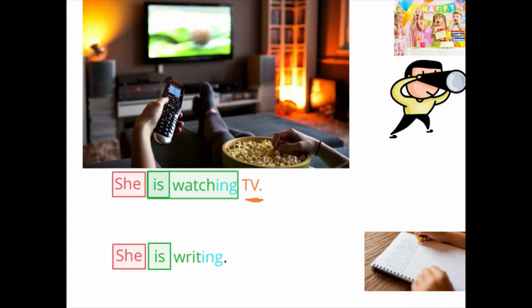And it is TV. That's this right here. She is watching TV. The verb watch is a little bit like the verb look. We are using our eyes to look at something.